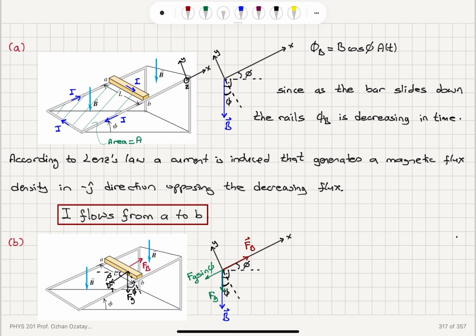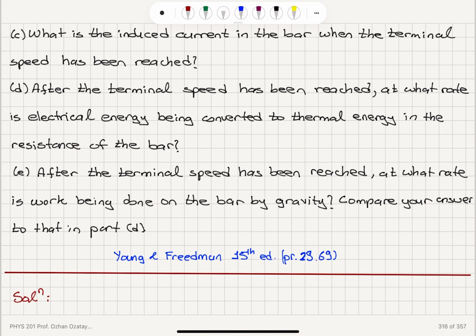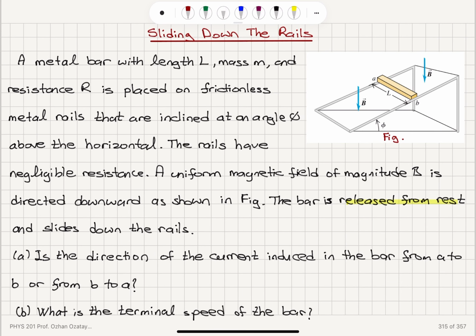You can see that if the current flows in the clockwise sense as shown here, looking from the top, from A to B, the generated magnetic flux density due to this current will be in the minus j hat direction, and that will be opposing the decreasing flux. Part B. What is the terminal speed of the bar?